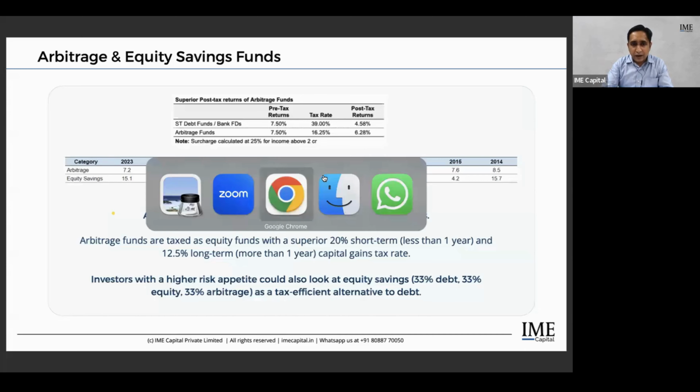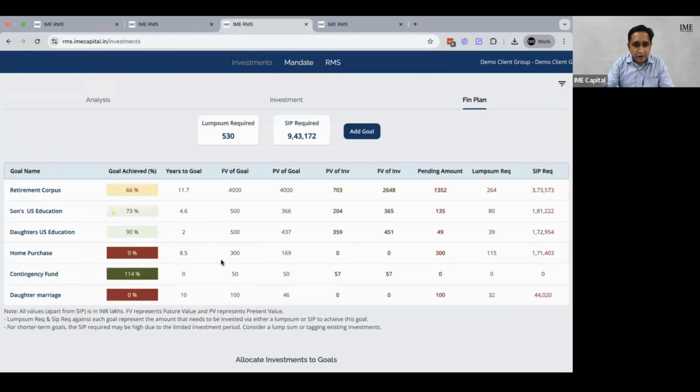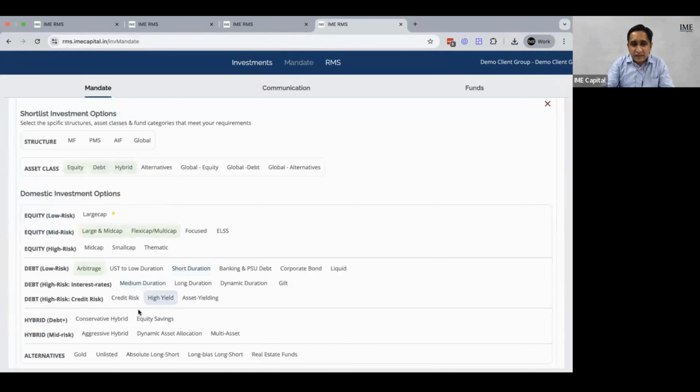But going back to our example where we are building out this mandate, the investor did have the need for a contingency fund that is best built via arbitrage. And in terms of the goals that had been identified, goals 2 years to 5 years down the line, perhaps equity savings may actually make a lot of sense.